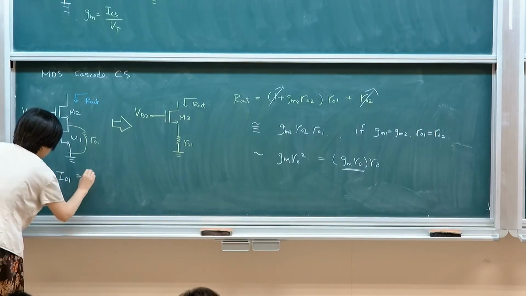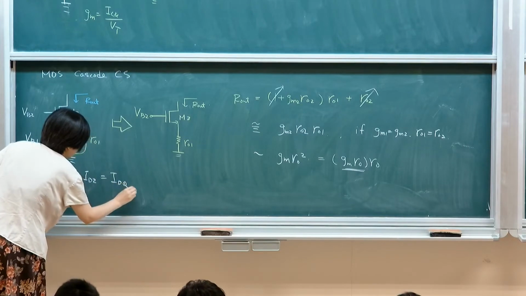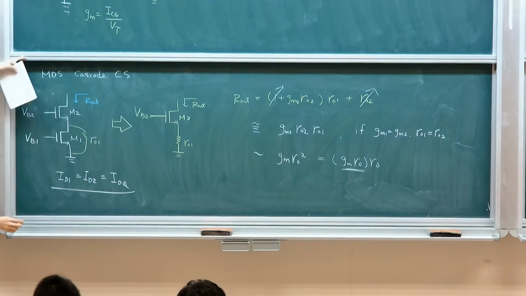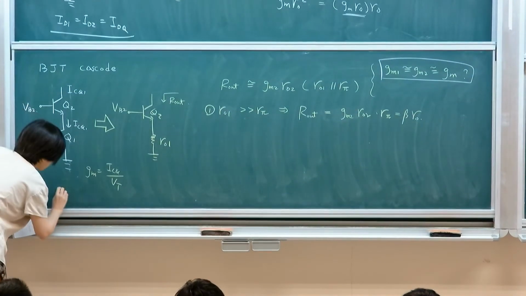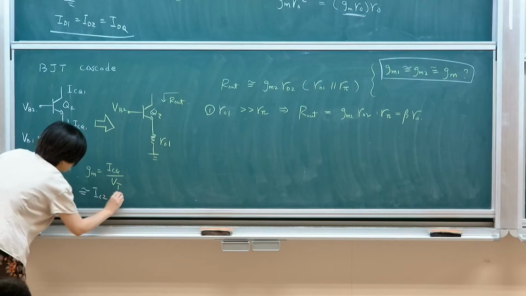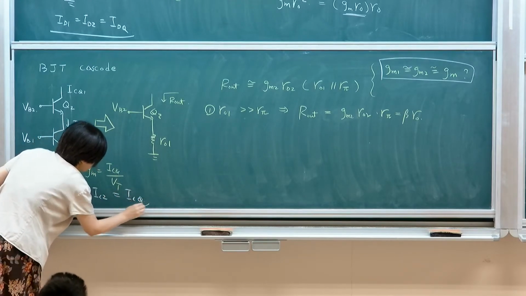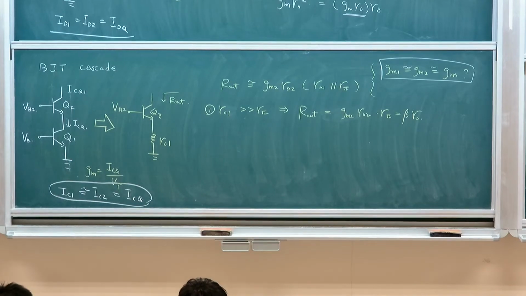ID1 equals ID2, equal to the same biasing current in this case. And this is also about the same. So in this case, IC1 is approximately equal to IC2. And it's a fixed branch current, if you ignore the base current effect.